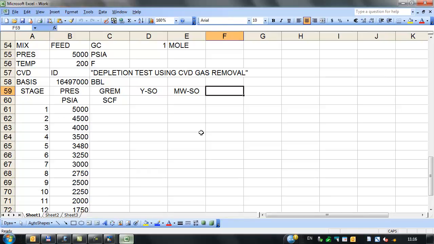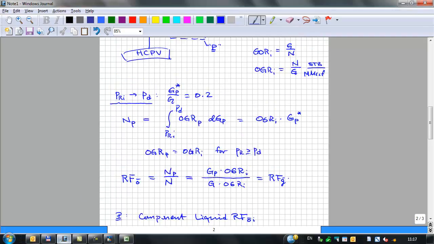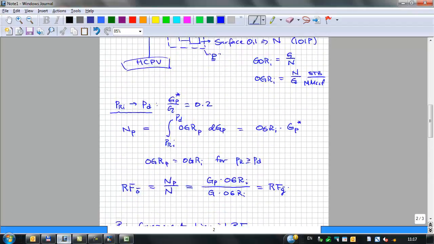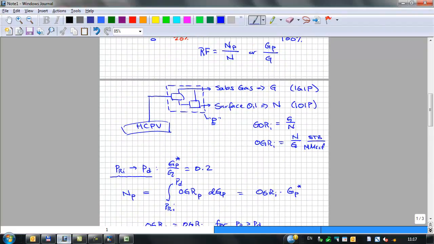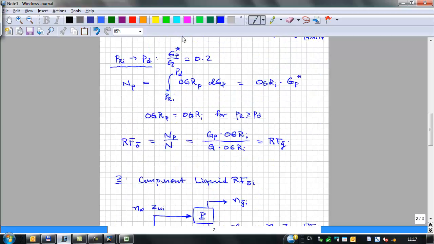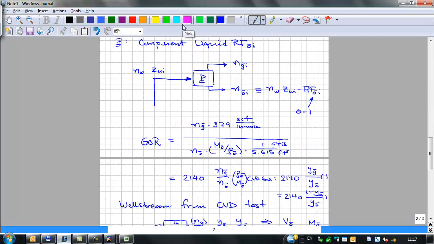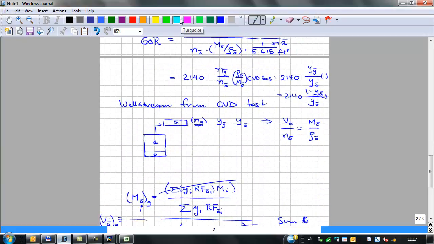I think the only way to do it, in essence, is that we need to pass the removed gas stream through this process, because in the simulation it takes the removed stream and puts it through this process. We really need to do that with the experiment to get the amount of gas and oil.